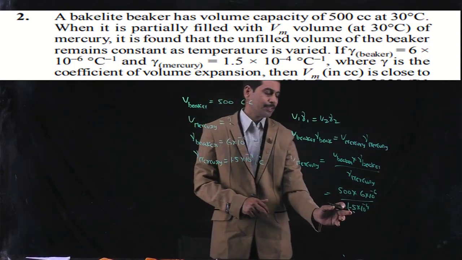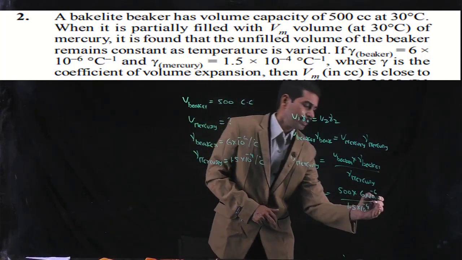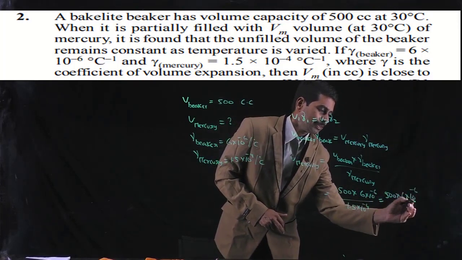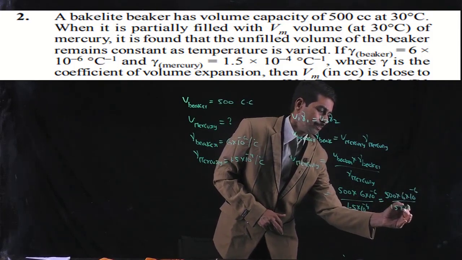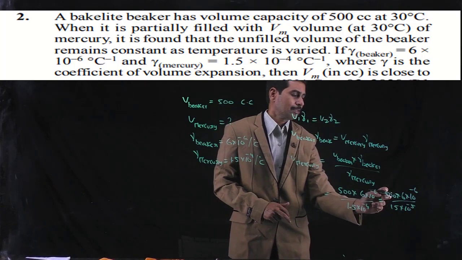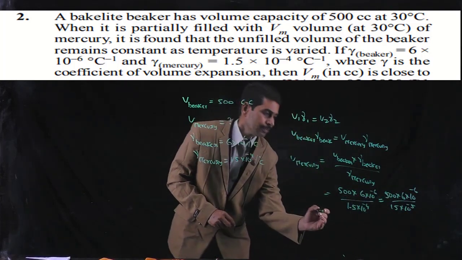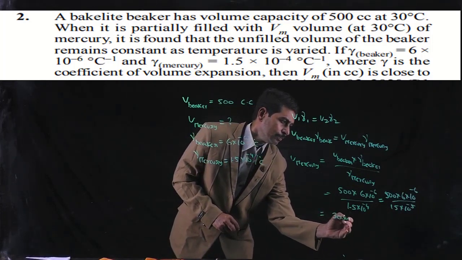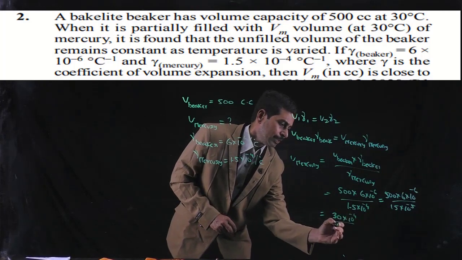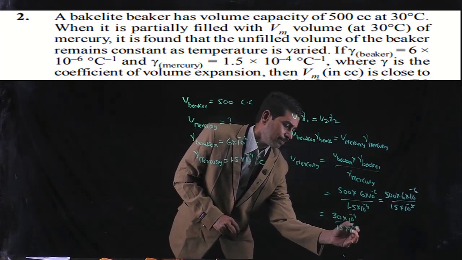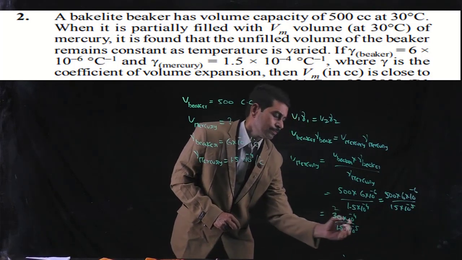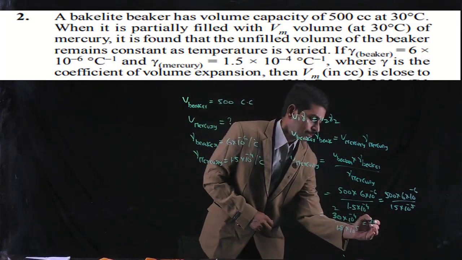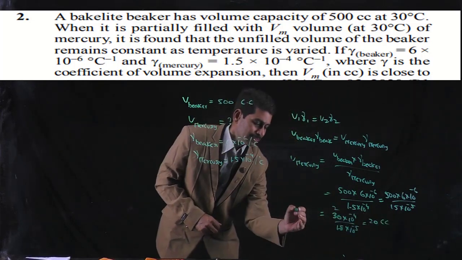So this is 500 into 6 into 10 power minus 6 divided by 15 into 10 power minus 5. Minus 6 plus 2 becomes minus 4, so this is 6 by 30 into 10 power minus 4 divided by 15 into 10 power minus 5. This simplifies, and minus 5 becomes plus 5, so we get 20 cc. This is the volume of the mercury.